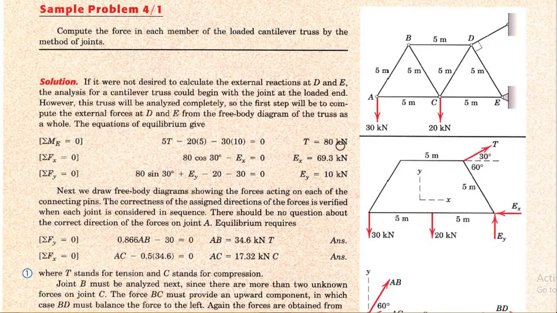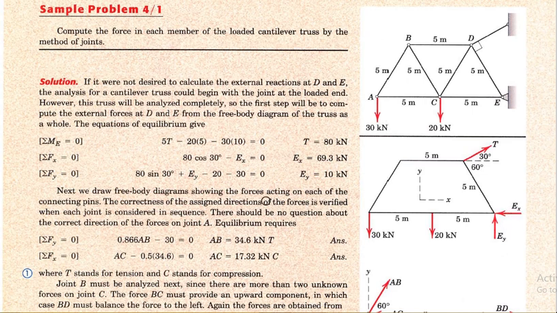So tension will be equal to 80 kilonewton. I am going to repeat, tension multiplied by 5 is a clockwise moment, minus this one, 30 into 10, and 20 into 5, is an anti-clockwise moment. So T is equal to 80 kilonewton.